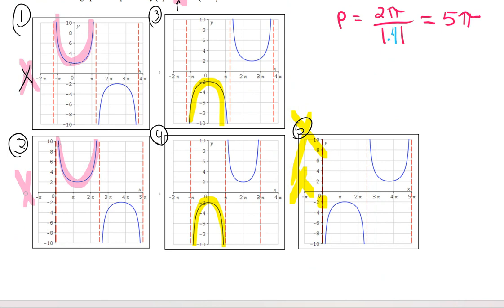Now this is where my period comes into play. This function, the reciprocal, has to have a span of 5 pi throughout the whole thing. It's going to be one of these two, 3 or 4, but this one starts at this dotted line at -pi and ends at 3 pi.